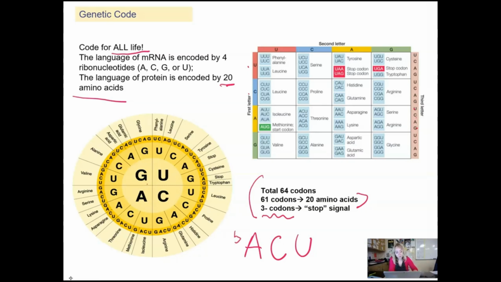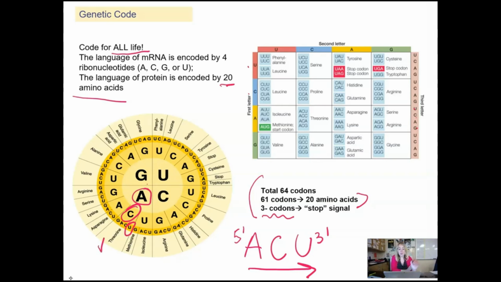So I'm going to assume this is my 5' end and this is my 3' end. So we're going to have to read it this way: ACU. We start in the center, that's the inner circle, and then we go outwards. C, and then the third letter will come from here. So the amino acid that ACU codes for is threonine.